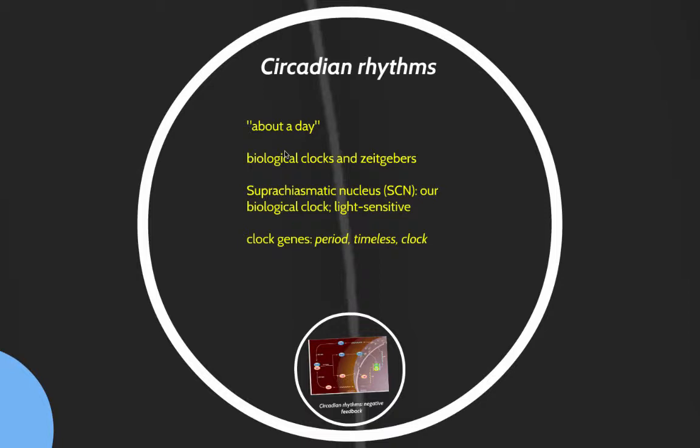Those outside cues, such as the sun and the rooster crowing, are called zeitgebers, literally meaning timekeepers. These are the cues in our external environment that give us some signal of what time of day it is.